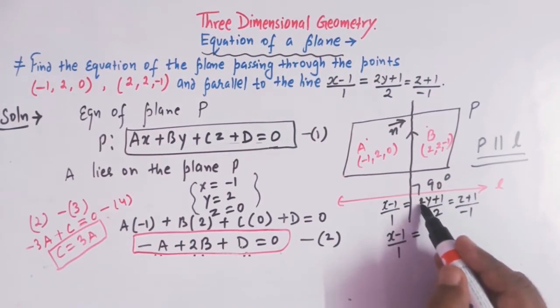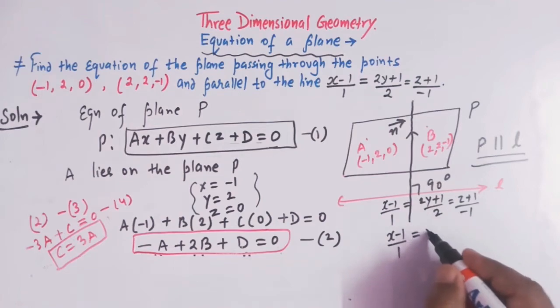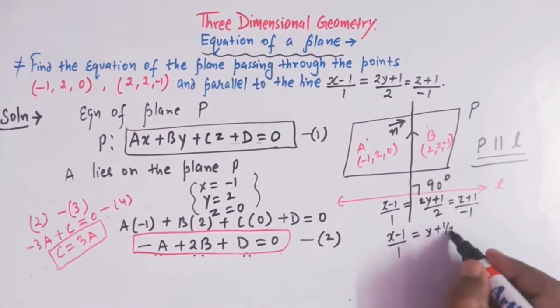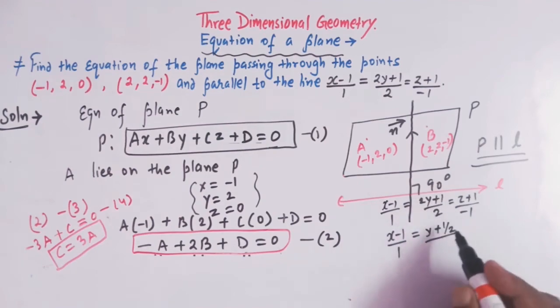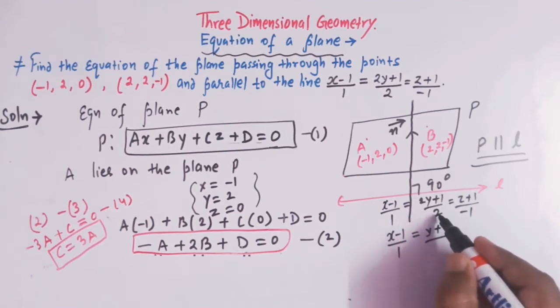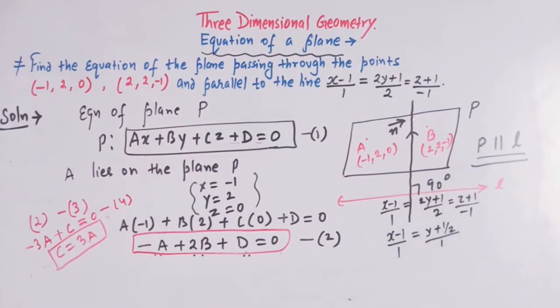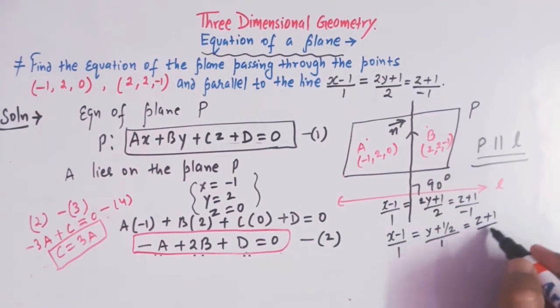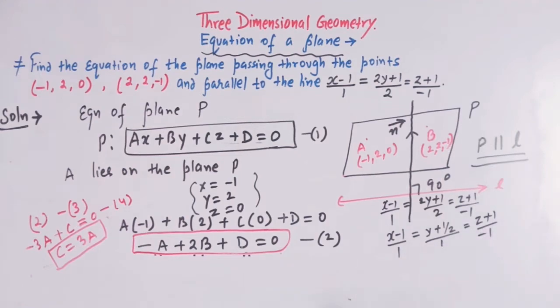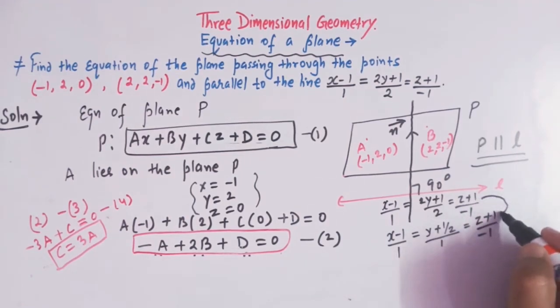From here we can take 2 common, so we can write y plus half, and the 2 which we have taken common, we can cancel it out by this 2, so we are left with only 1, right? And here we have z plus 1 over minus 1, right? So this equation can be written like this.